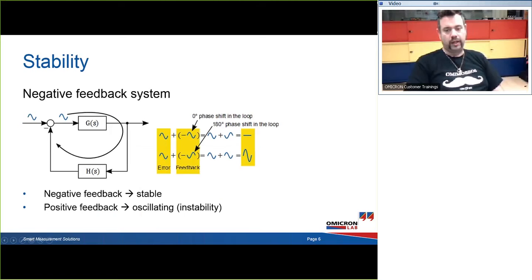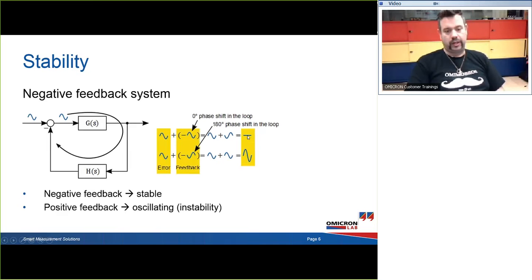Now a negative feedback loop means that the feedback signal is subtracted from the input signal. A subtraction means a 180-degree phase shift of my signal, so in the loop there is a 0-degree phase shift, but then I have this minus, and as a result I have two signals which are 180-degree phase shifted, and I get a flat line, so the signals cancel each other out.